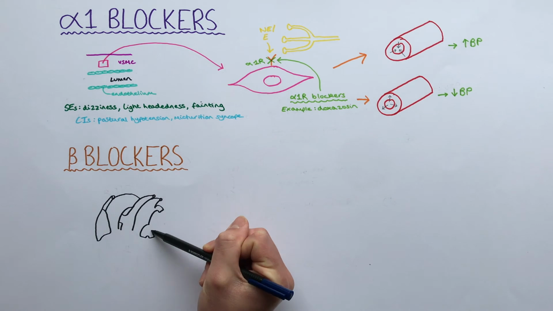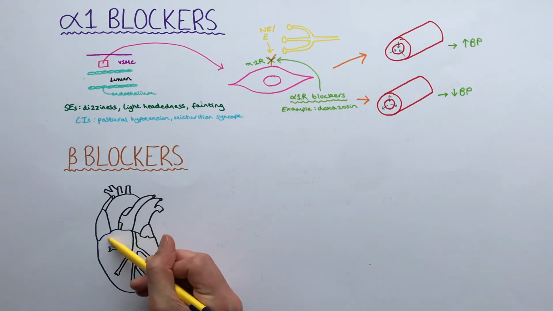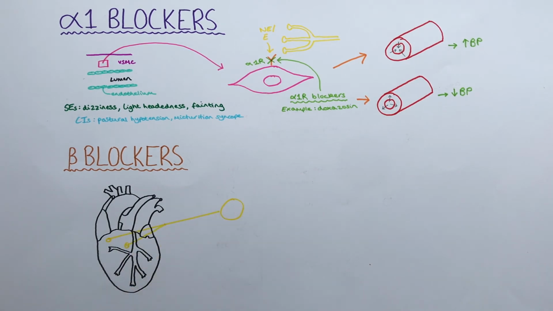Beta-1 receptors can be found in the heart. They are found on the pacemaker cells of the heart, as well as on the cardiomyocytes.